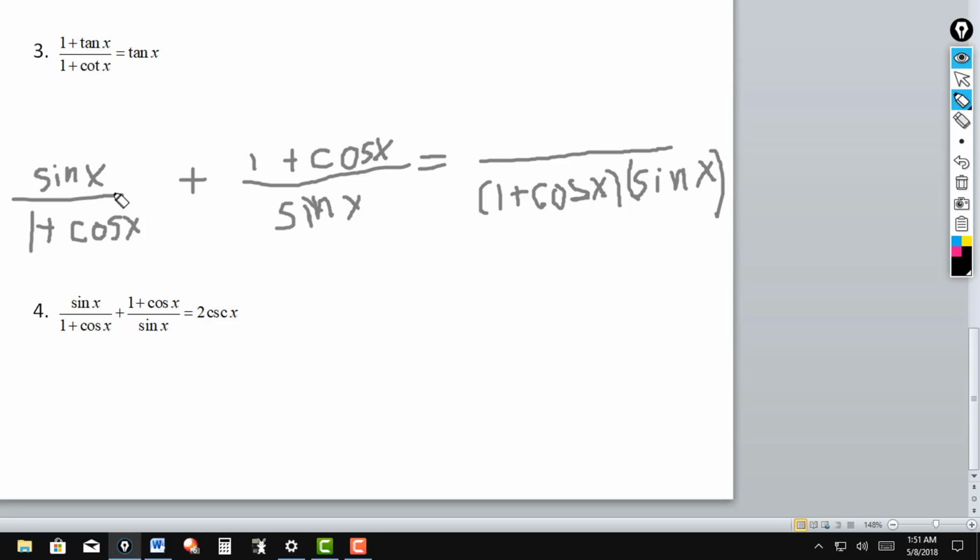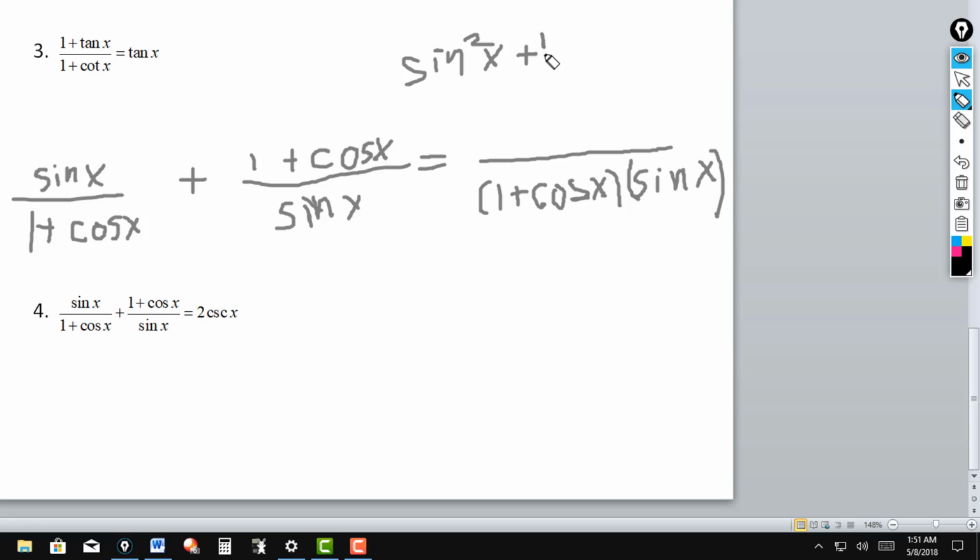So sine x times sine x is sine squared x. And then this product is 1 plus cosine x times 1 plus cosine x. That's kind of like if you had 1 plus x times 1 plus x. That's 1 plus 2x plus x squared.